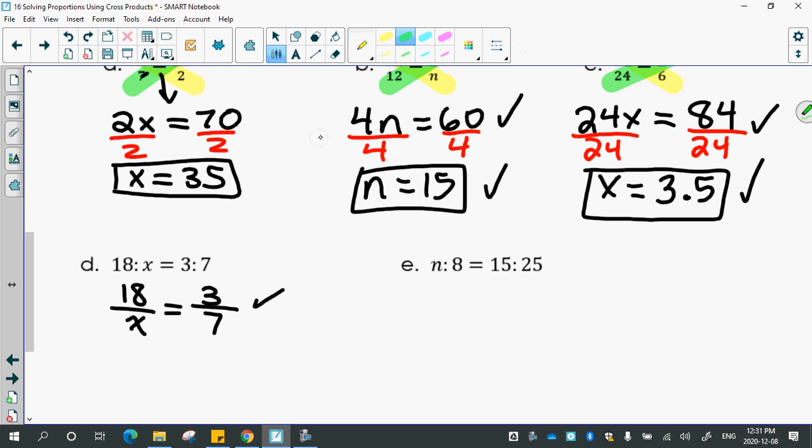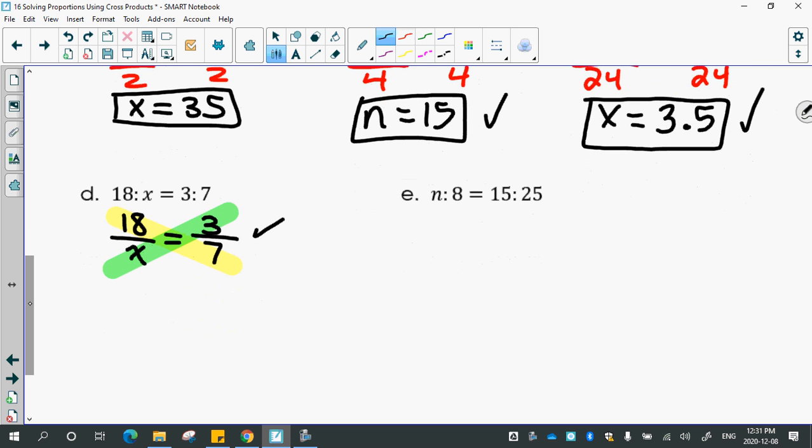Now you want to do your cross product. So you want to do 3 times x is 3x. 7 times 18 is 126. So there's your second mark. Okay.